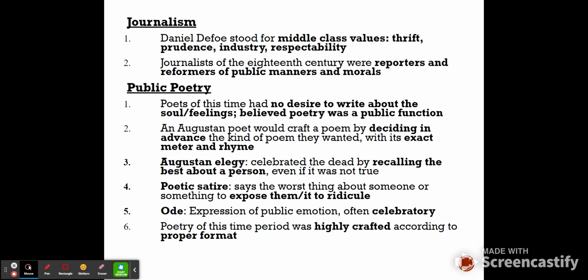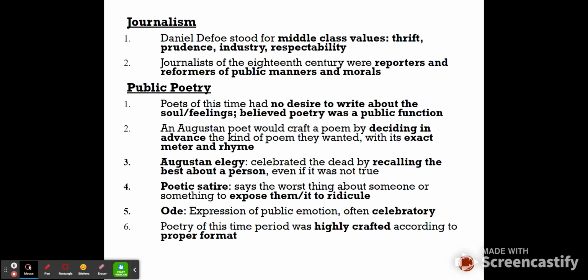We're going to write a highly crafted and very well turned out poem to point out these issues and to sort of serve as a public celebration. And so the public versus the private is really predominant. That really also goes to that cities are valued over kind of private country living in many ways. And the literature is focused on the cities and conversation in these coffee houses and things like that.